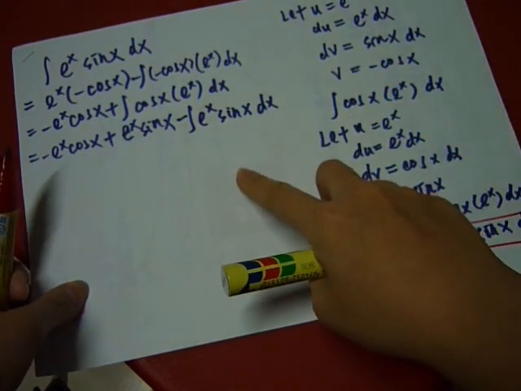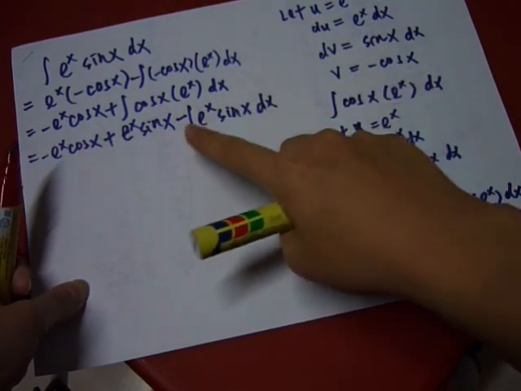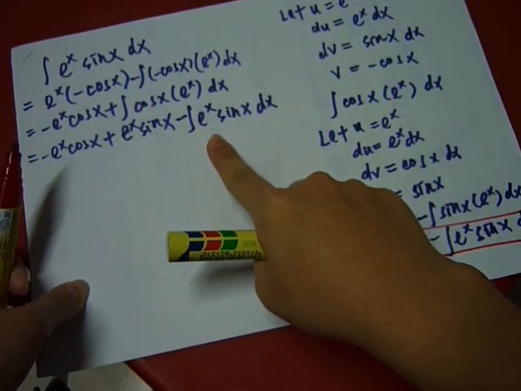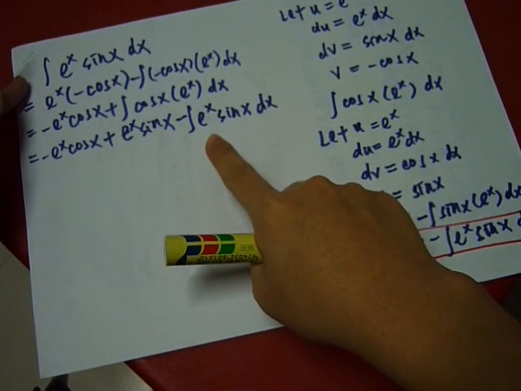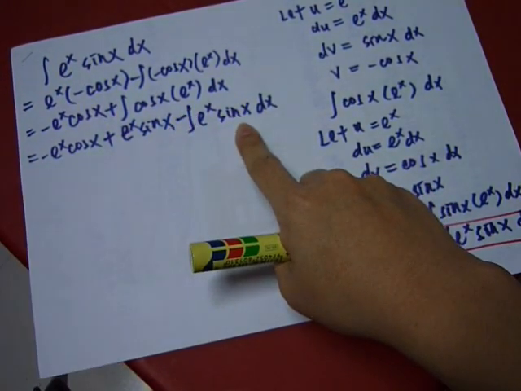After we apply the formula 2 times, we found that this part is the same as the original function. So we can move this to the left side.